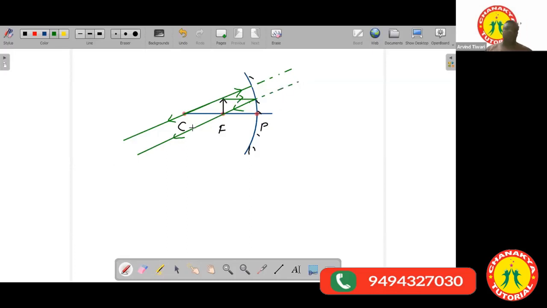Both the lines become parallel to each other. So in your ray diagram, you should get the two light rays parallel to each other.